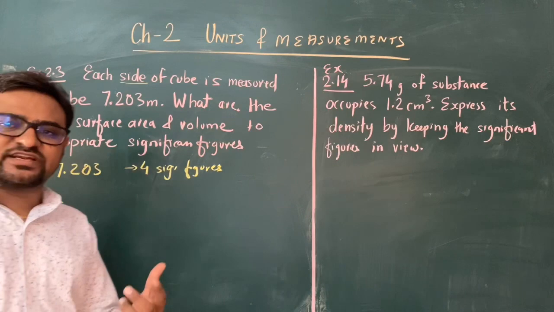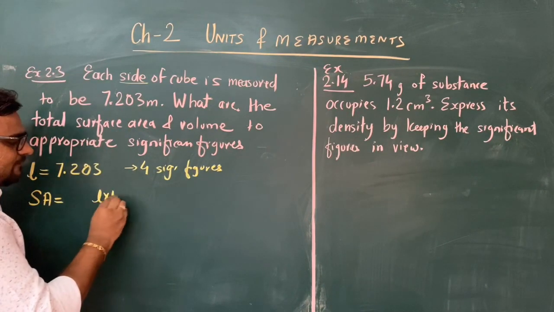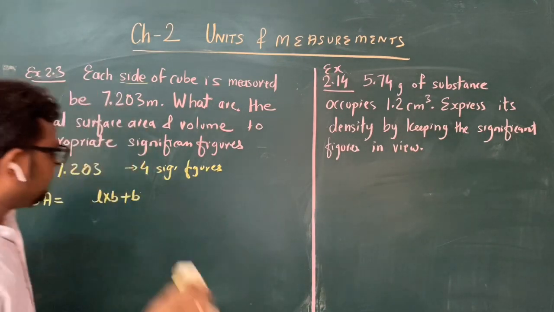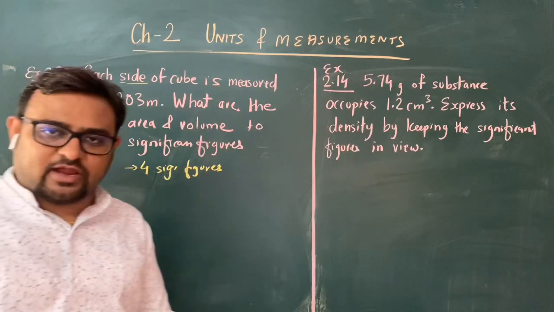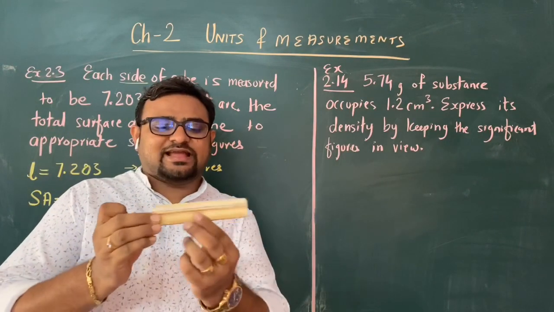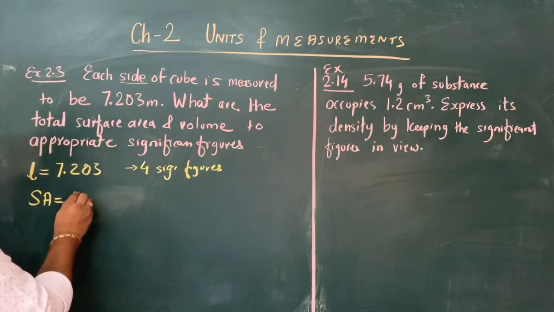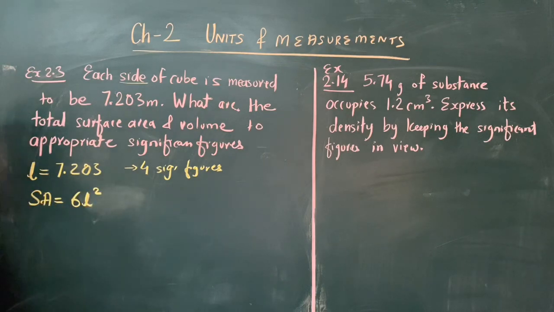For one surface, it is L into B plus B into, or as it is a cube, right? If it is a cuboid, then it will be like this way. But if it is a cube, all the sides are the same. So the formula for surface area is 6L square.